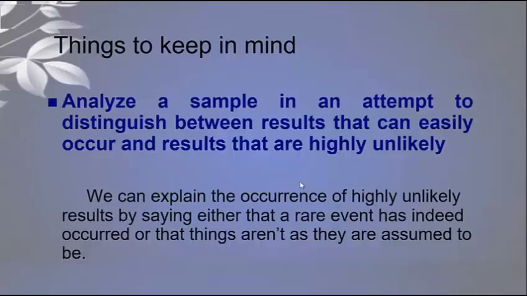We can explain the occurrence of highly unlikely results by saying either that a rare event has indeed occurred, or that things aren't as they are assumed to be.